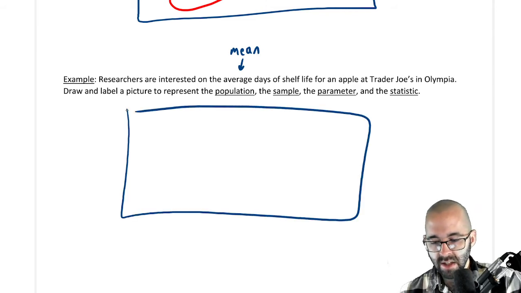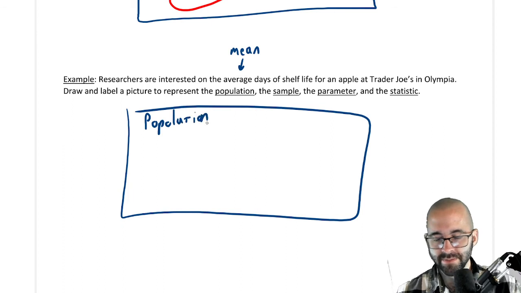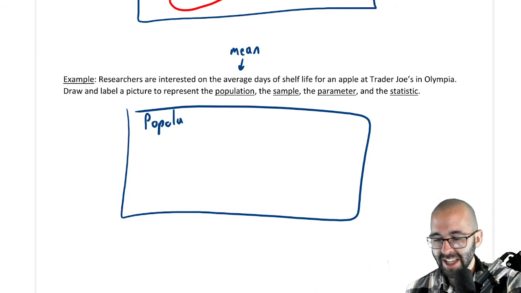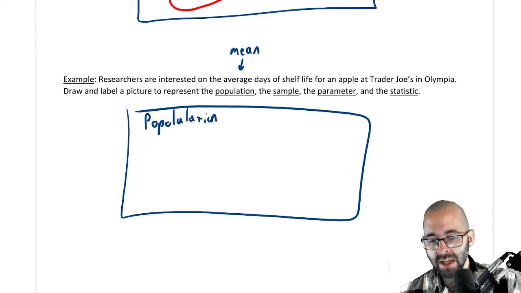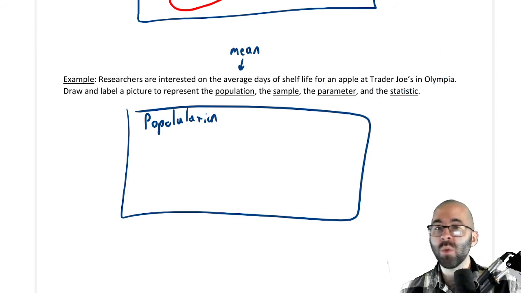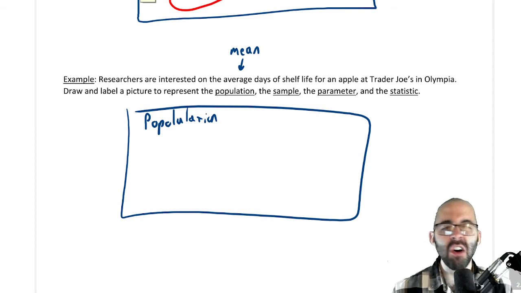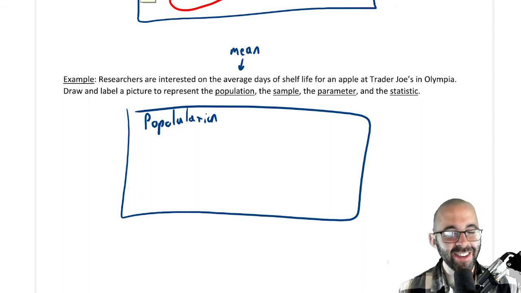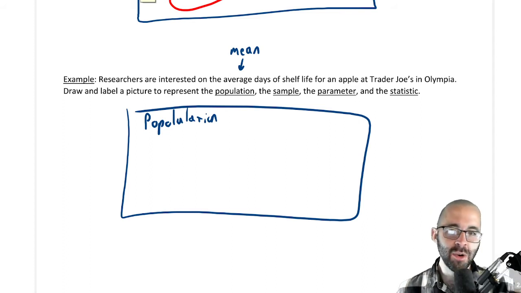So again, we still have this population. That's not how you spell that. Nice try, Jason. Population. All right, the population is going to be all the apples, everything that we want to be able to ask. I guess we're not asking them, measuring them. You can ask or measure.